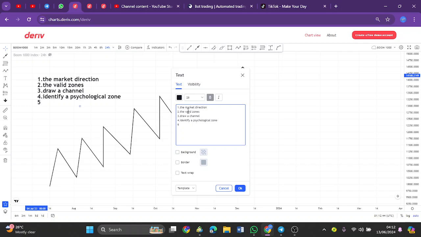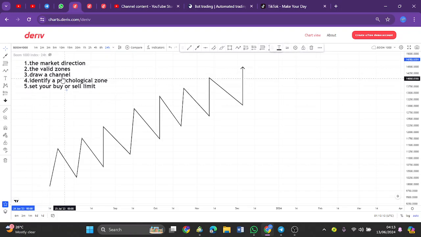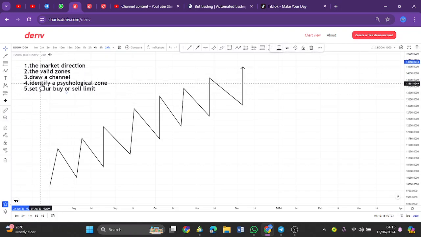Then number five, you take your trade, or you set your buy or sell limit. Those are the five simple steps you need to have in mind when analyzing this market.